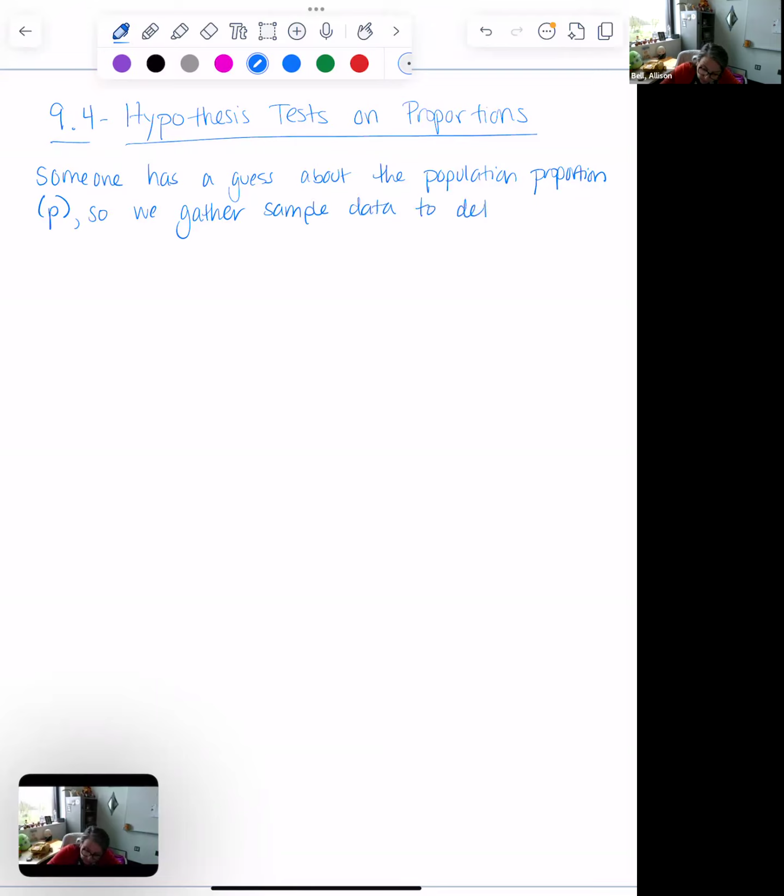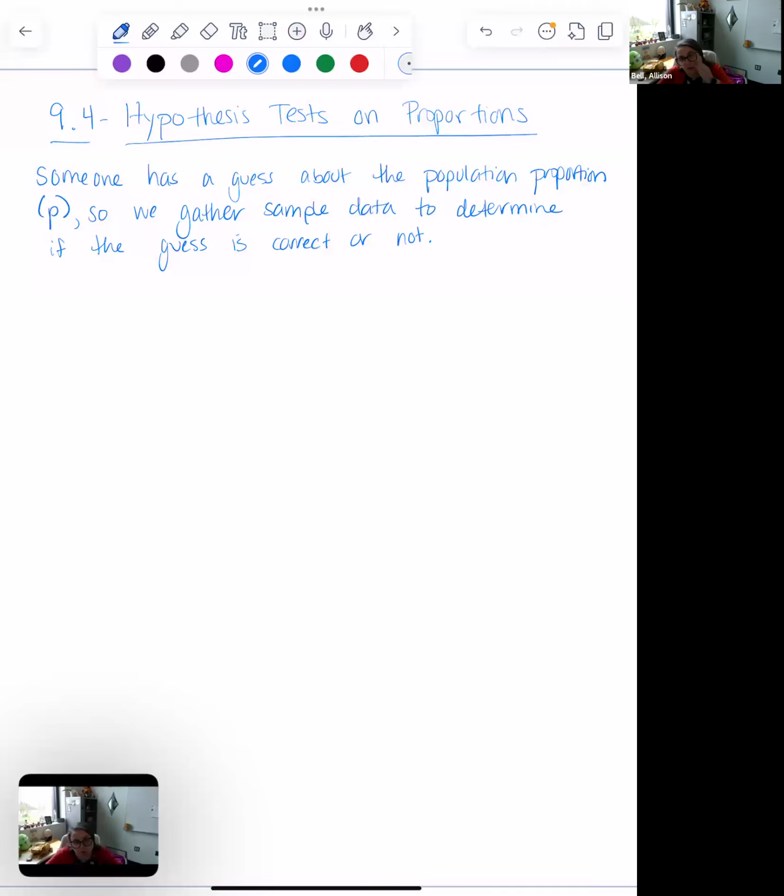So essentially, someone has a guess about the population proportion, which is the letter P. So we gather sample data to determine if the guess is correct or not.